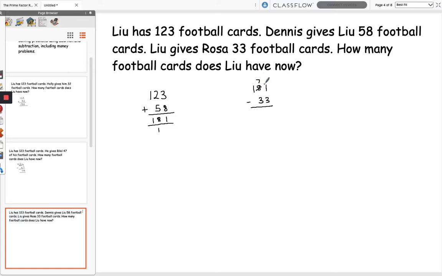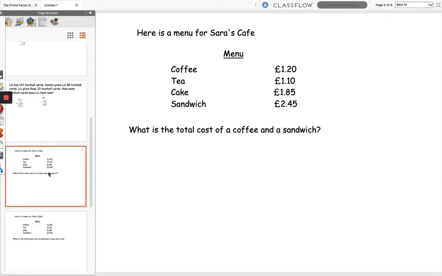That becomes a 7. That becomes 11. 11 take away 3 is 8. 7 take away 3 is 4. And 1 take away 0 is 1. So Liu now has 148 football cards.